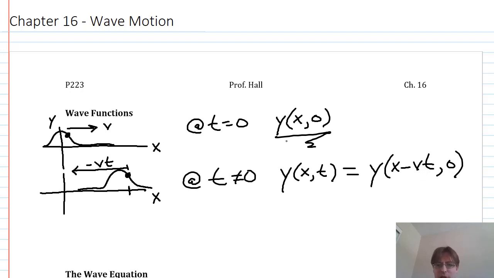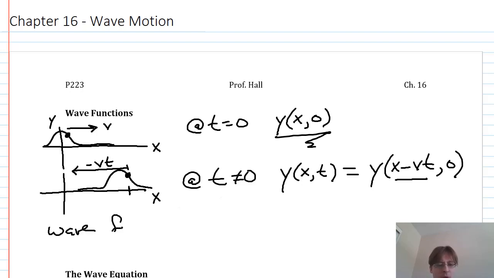So that's very interesting. It means that the wave function, the function that describes the wave, is a function of x and t, but not as separate variables. They will always appear together in the combination x minus vt. This means that all wave functions, at least the ones that don't change their shape as they travel, obey that rule.